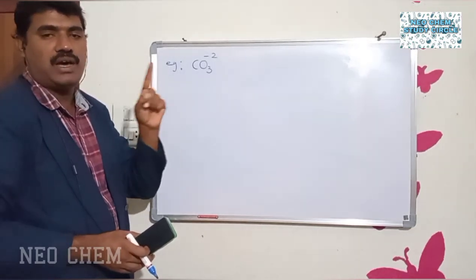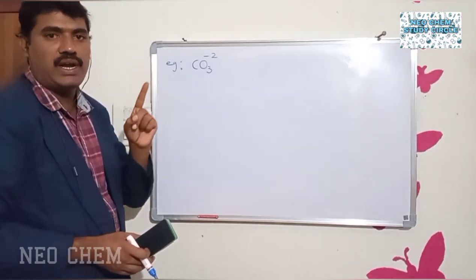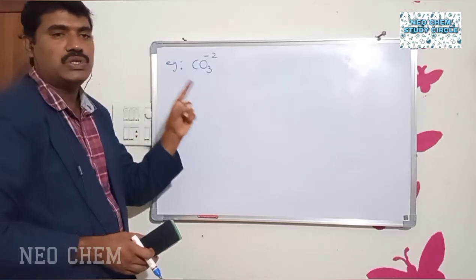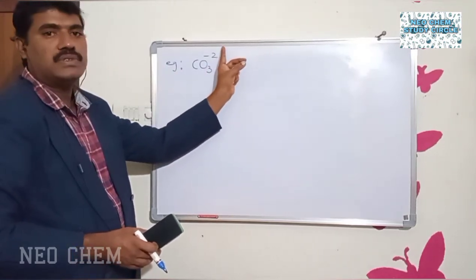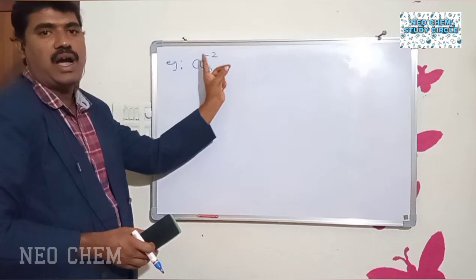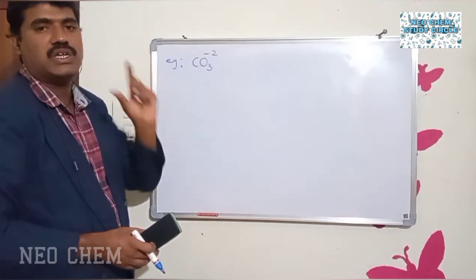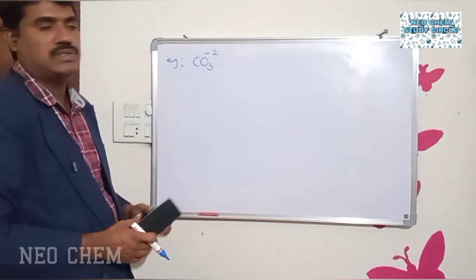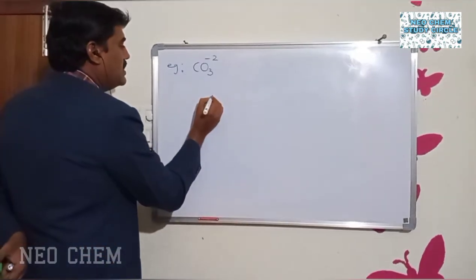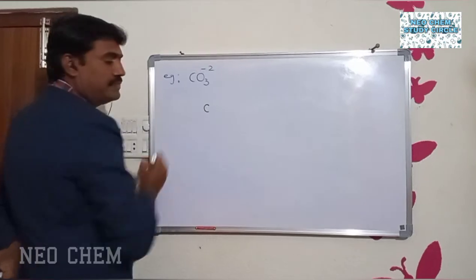While we are writing the structure of the carbonate ion, we should write 2 oxygen atoms with a single bond and negative charge. Like that we have to write the structure of the anions. Carbon is the central atom.